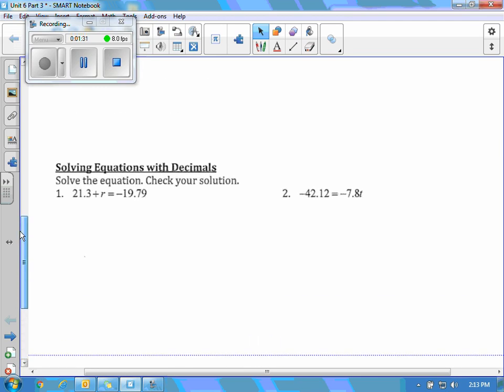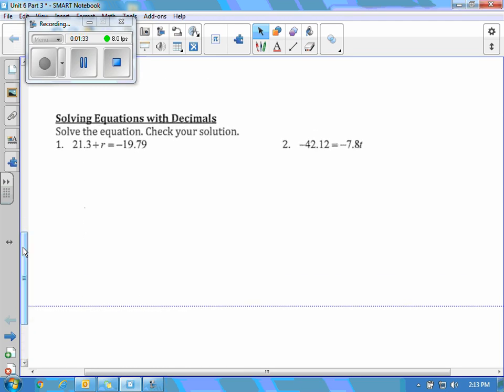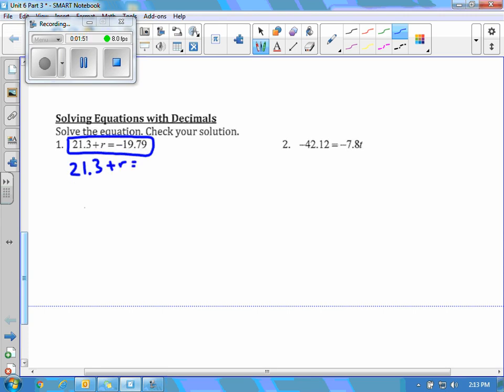So moving down to the bottom of this page, now we're solving equations with decimals. So again, combining what we've done in the past 2 sections with our review of solving equations. For number 1, I'm going to start by boxing and rewriting. So I have 21.3 plus r equals negative 19.79.